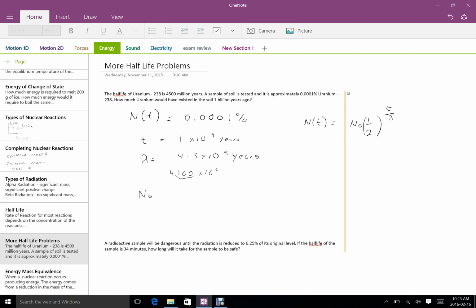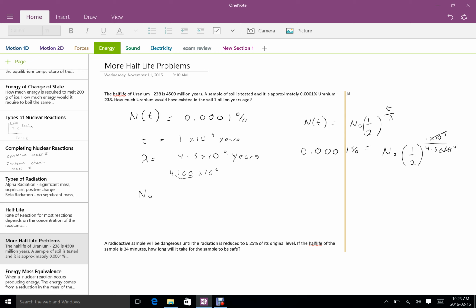So with that in hand, I'm going to say that my current amount, 0.0001%, equals my original amount times 1/2 to the power of my time, which is 1 times 10 to the 9, divided by my half-life, which is 4.5 times 10 to the 9.